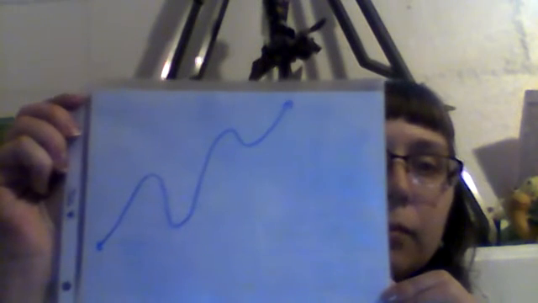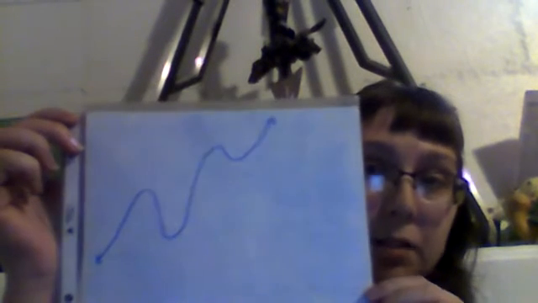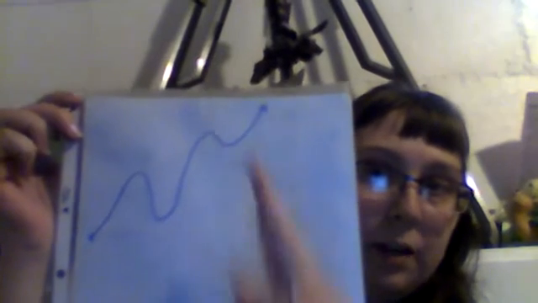How many inflection points does this graph have? 3, because it changes concavity 3 times. It goes from down to up, that's 1, from up to down, that's 2, and from down back to up again, that's 3. Go back and look at it some more if you need to.